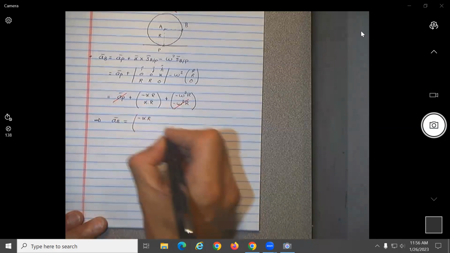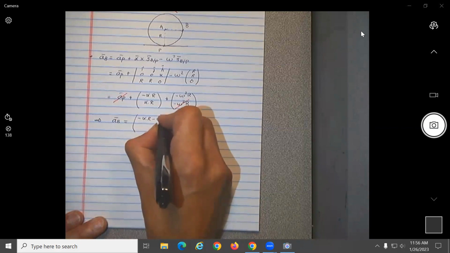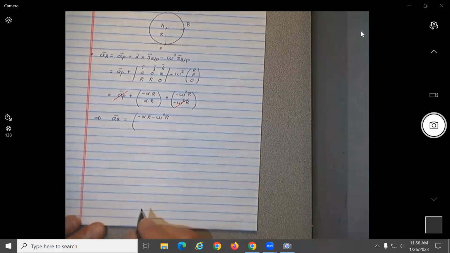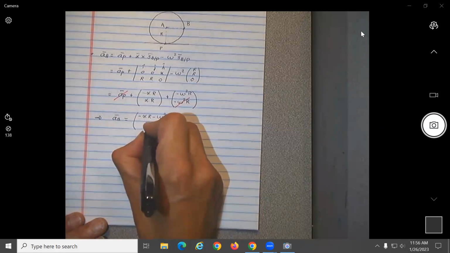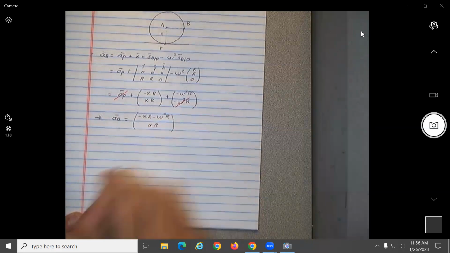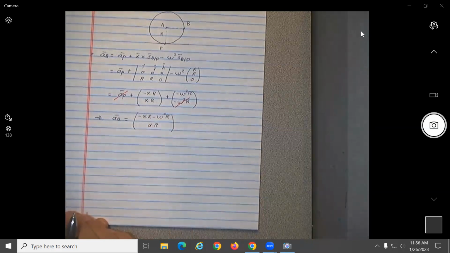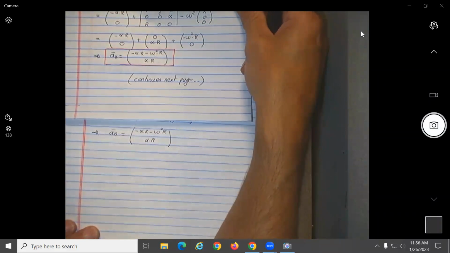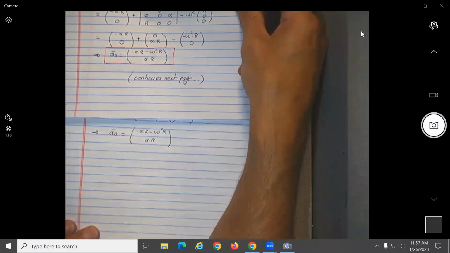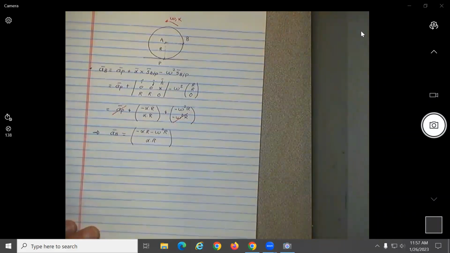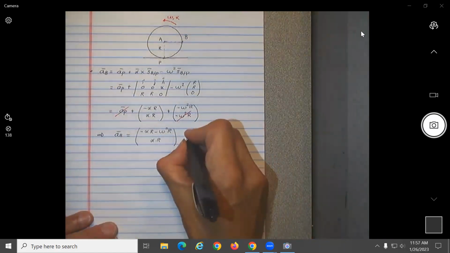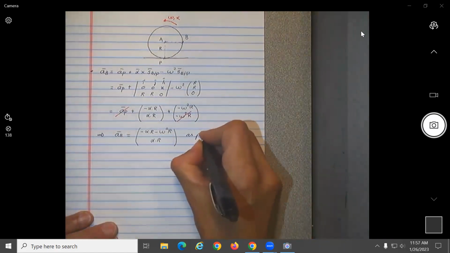Minus alpha R minus omega squared R. And what are we going to get over here? Alpha R, which is a good thing. That is the same thing that we had before, no? Yeah, as previously.